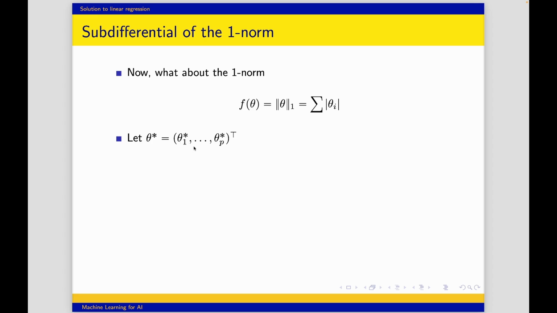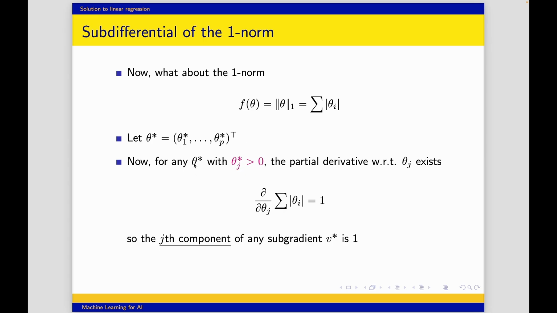Its components are theta 1 to theta p with stars as superscripts, and it's a column vector. Now, for any theta star such that the jth component is greater than 0, what's the partial derivative with respect to this theta j?